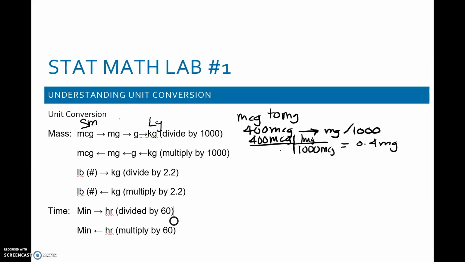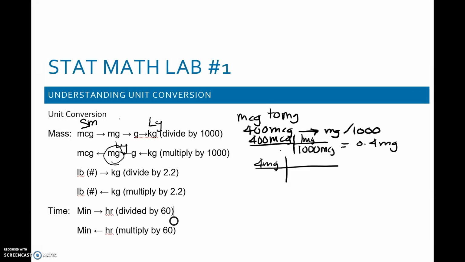And that's just one way to convert that. The same thing applies if we have a larger unit of mass, such as milligrams. We could go from 4 milligrams, and we just set that up the same way. What we know goes on the bottom is milligrams.